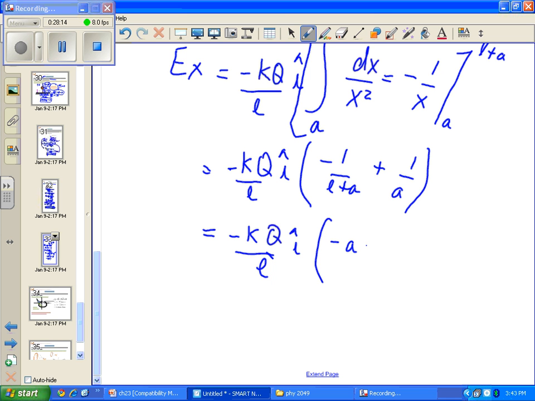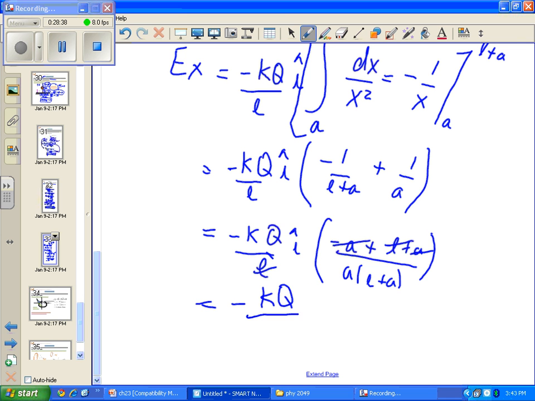We have minus a plus L plus a divided by a times L plus a. This positive a added to this negative a is 0. This L cancels that L. And so aesthetically speaking, my expression becomes k times q.